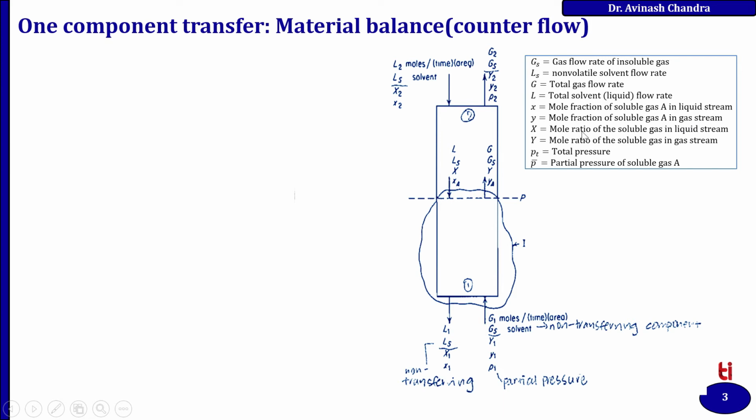Capital X and capital Y the mole ratio of the soluble gas A in liquid as well as gas stream. Pt is the total pressure, P is the partial pressure of soluble gas A.